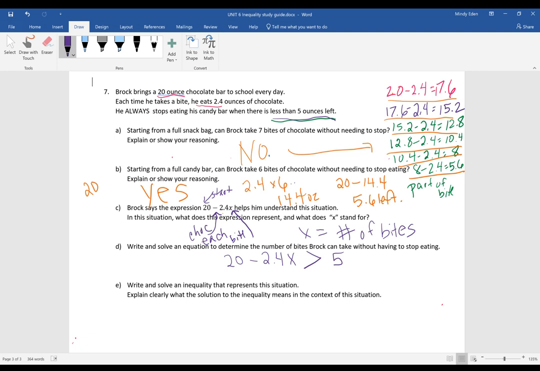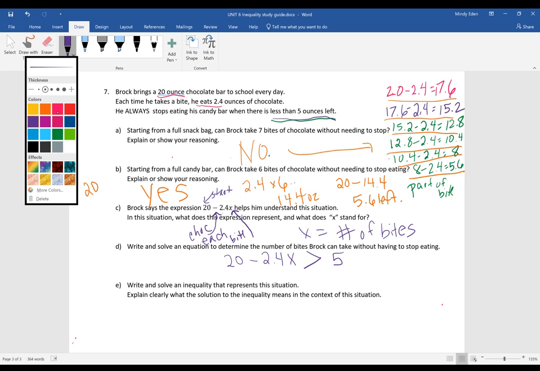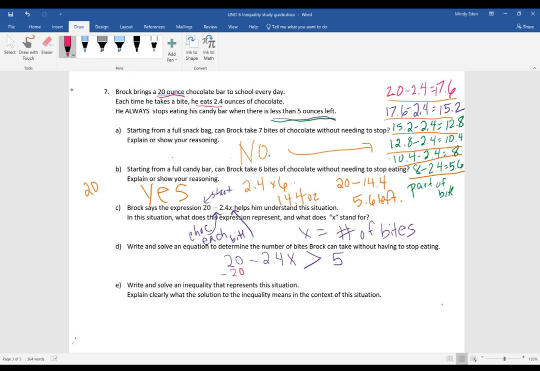Okay. So if I solve that, we want to get x alone. I've got to move the 20 and the 2.4. Remember, the 2.4 is by the x, so that's not alone. You always move the one that stands alone first. So I'm going to subtract 20 from each side. I'm left with negative 2.4x is greater than negative 15.